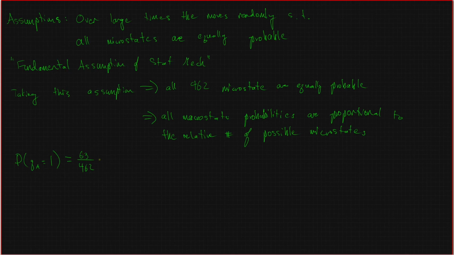That ends up being 63. So this is roughly a probability of 0.136. Now if we look at another, let's say QA equals 3, this one ends up being 100 over 462, which is roughly 0.216. So at least for the scales that we're looking at right now, these aren't very different. Obviously this one is bigger, but 0.2 and 0.1 are pretty close.